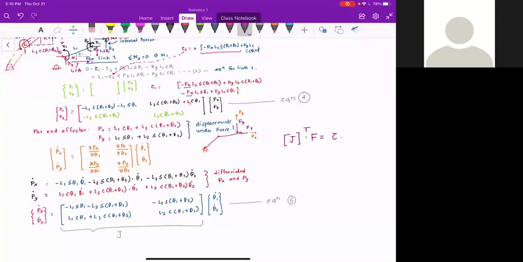Now, this would be very, very important when we are going to solve the robot problem. So let me show you the actual derivation of why this works. I'm going to find something called virtual work. What is the meaning of virtual work?